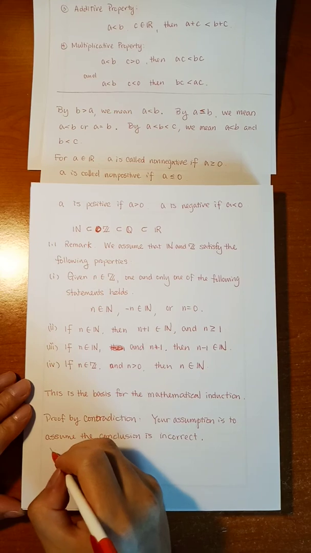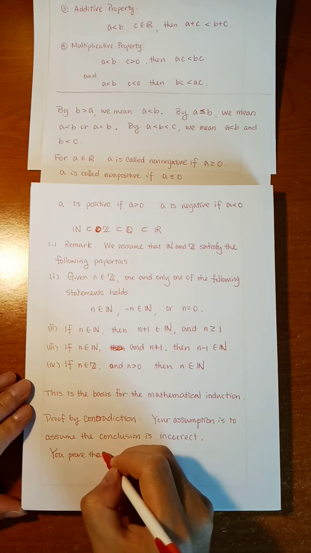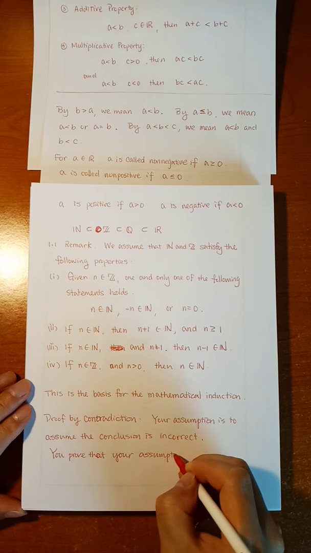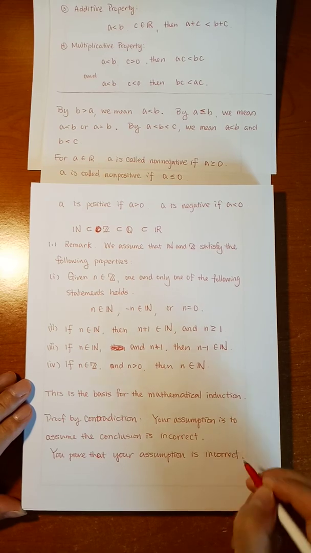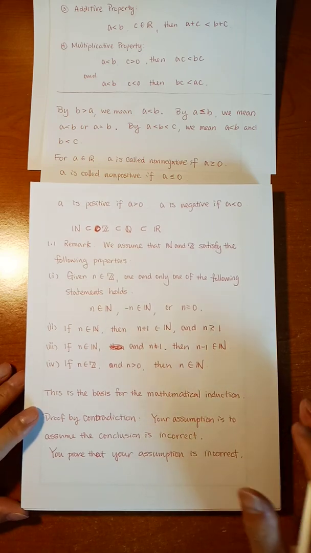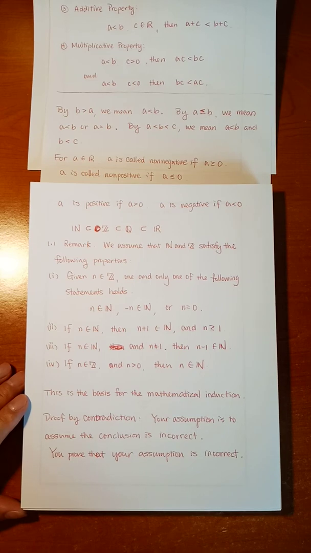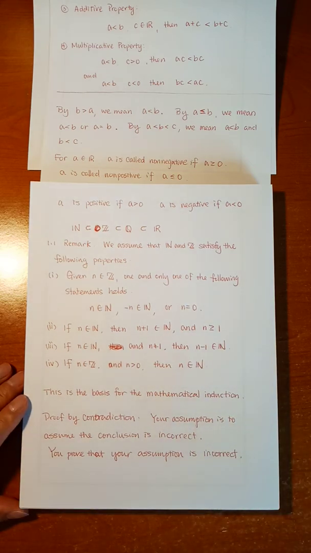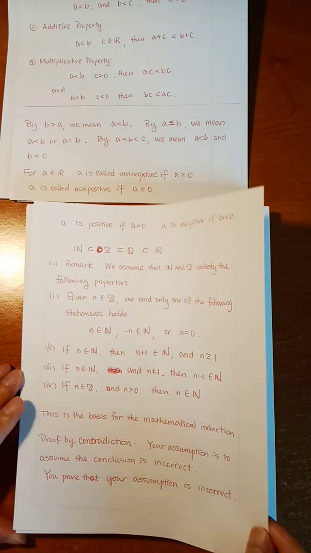And then you prove that your assumption is incorrect. If your assumption is incorrect, then it means your conclusion is correct. So that's a proof by contradiction. Okay, so we are going to do some examples to practice some of those strategies. Let's see some examples about proofs.